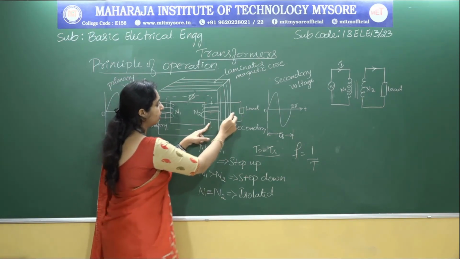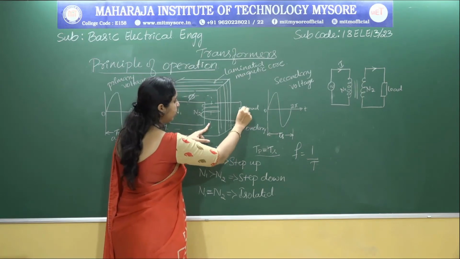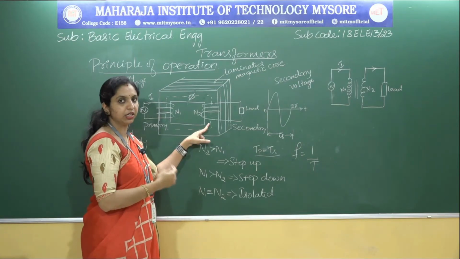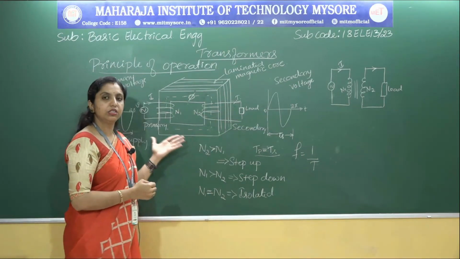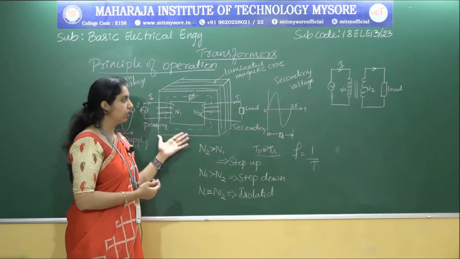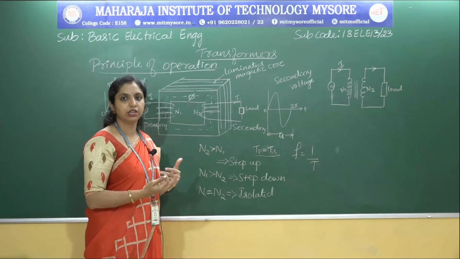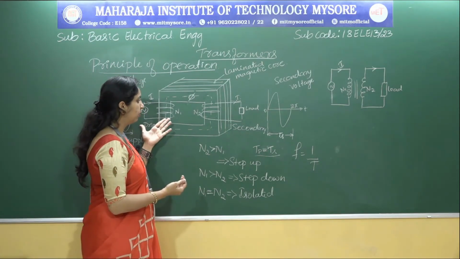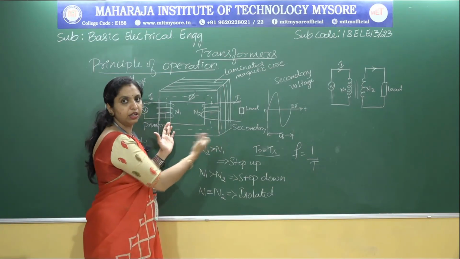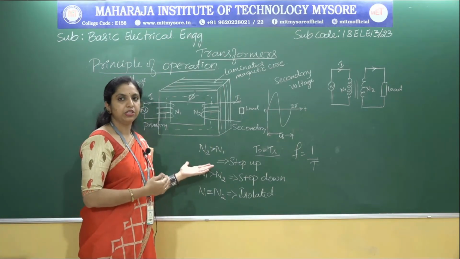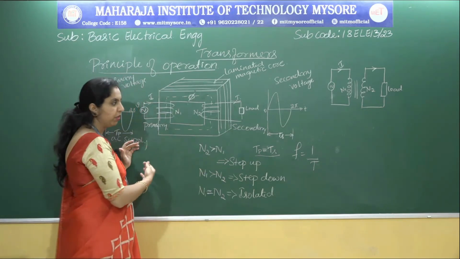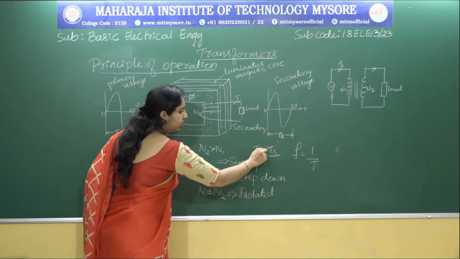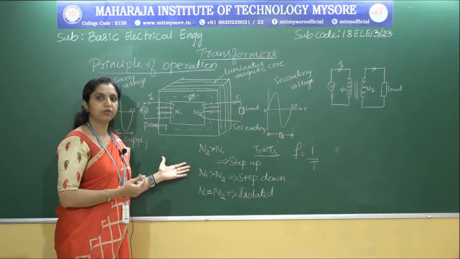If the load is connected here, the induced EMF drives a current through the load. This is how the transformer works, transferring electrical energy from one point to another without any electrical connection. The frequency remains the same both at the primary voltage as well as at the secondary voltage, so we have represented Tp is equal to Ts. This is the working principle of the transformer.